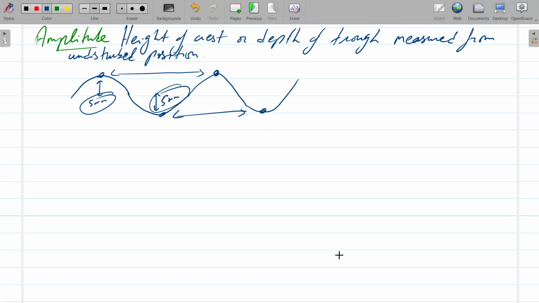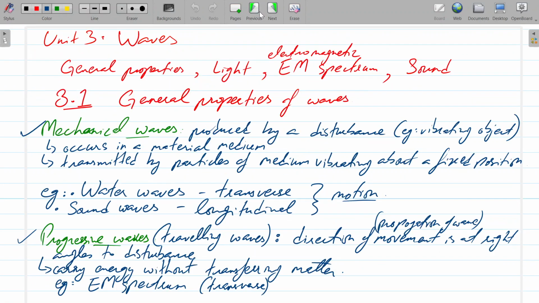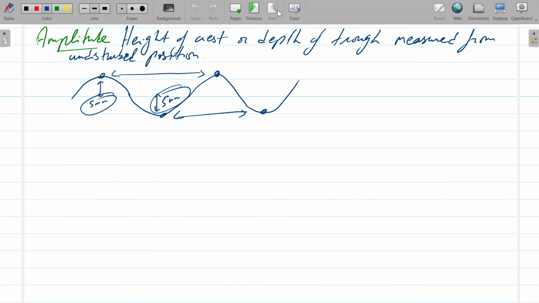So a wave is a disturbance that transfers energy. Let me write that down. Something that probably should have come at the start of the chapter. Of course, we don't have space to squeeze it in over here. So, what is a wave?